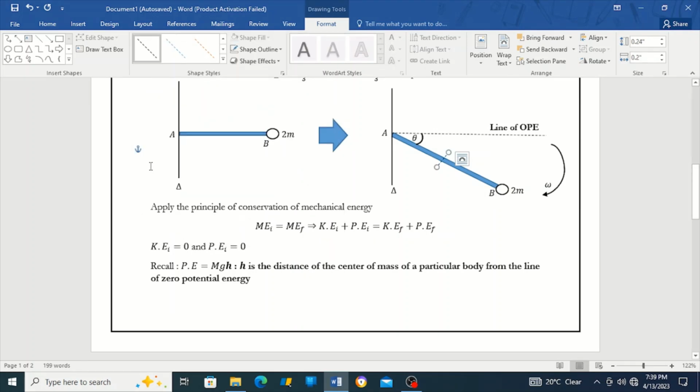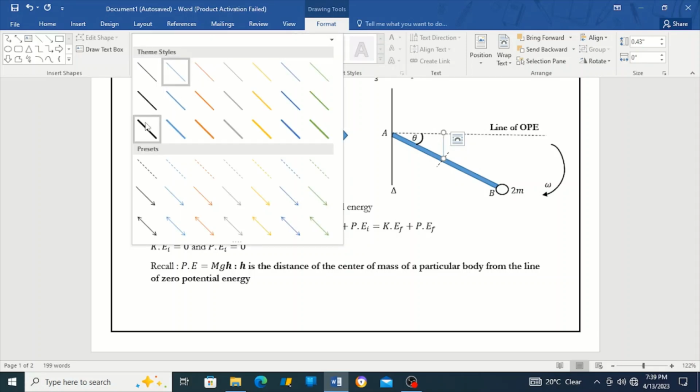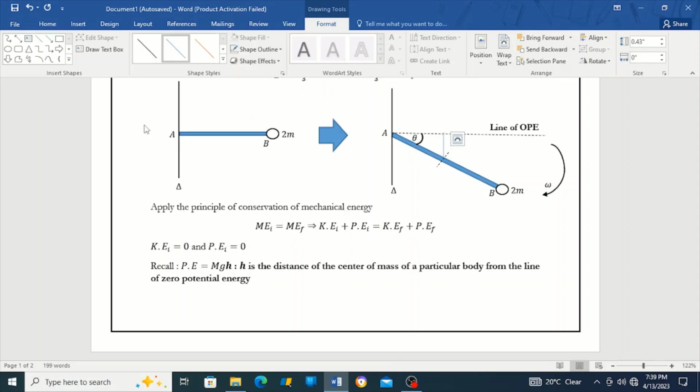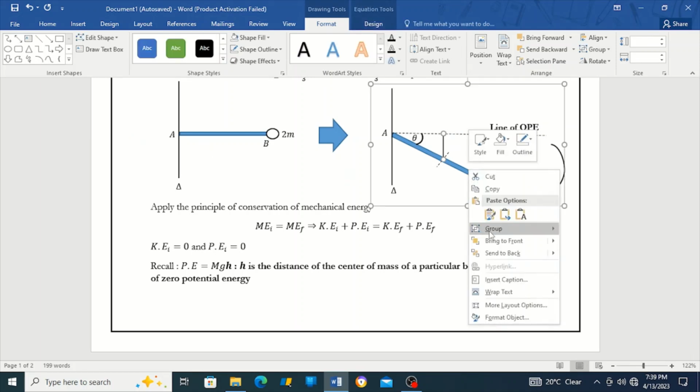But what is h? H of the rod is the distance of the center of mass of the rod from the line of zero potential energy. So the distance from here to here, this distance that I'm drawing, is simply h of the rod. And since that is a vertical distance, and you clearly see that the distance is below the x-axis, it is going to be negative.